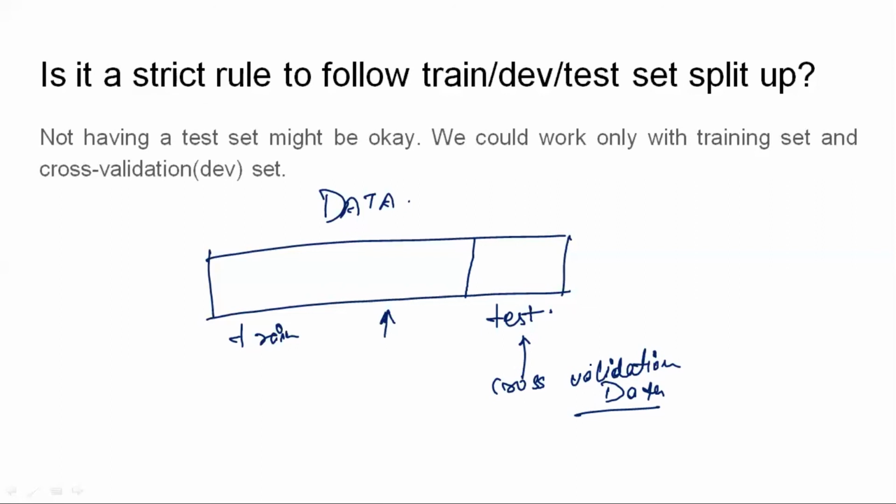And this is a naming mismatch. So people often call this cross validation data set the test data set, but in reality they end up doing the procedures for cross validation on this data set. So what I need to say is that not having a test data set might be okay. We could only work with the training set and the cross validation set.